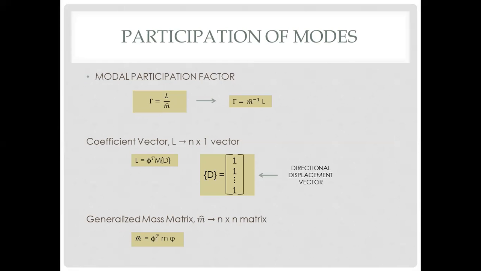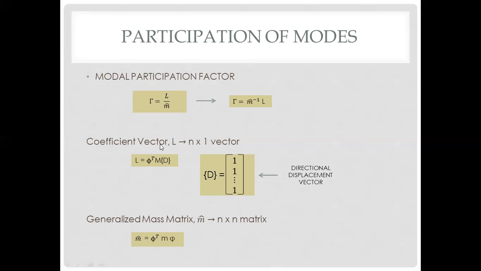So, first is the modal participation factor. This is the formula to solve the modal participation factor. In the formula, we inverse the m hat to make it easier to get.